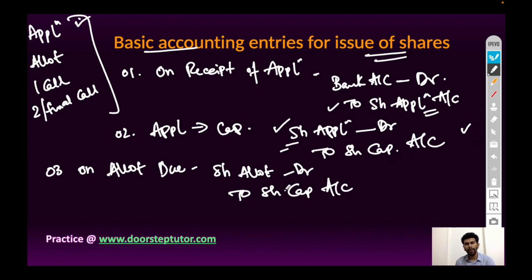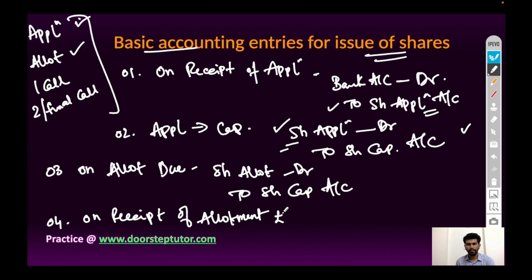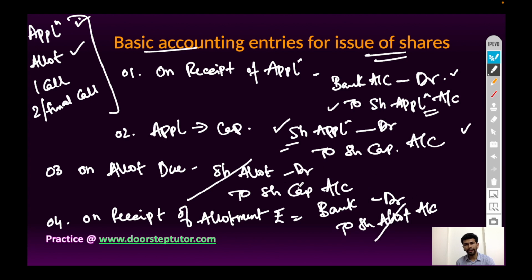And fourth entry will be on receipt of allotment money, the entry will be bank account debit to share allotment account. Remember the first entry. Similarly, bank account debit to share allotment account, share allotment debit, share allotment credit get cancelled.